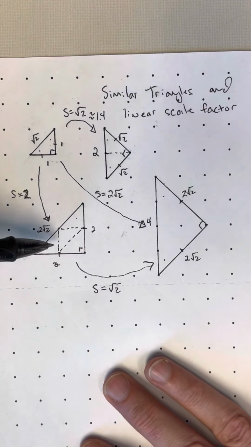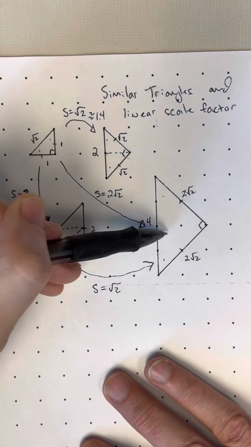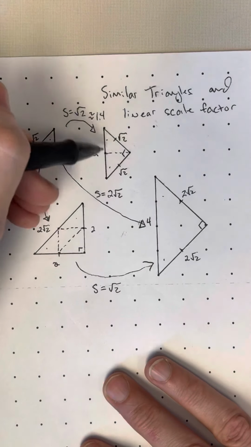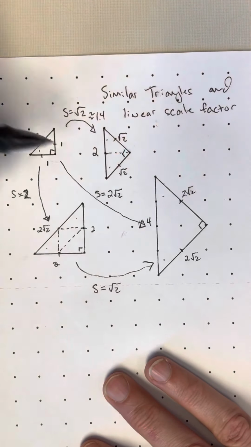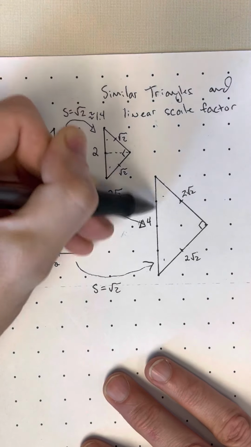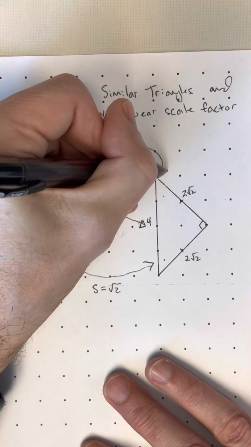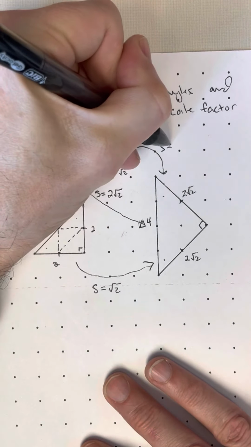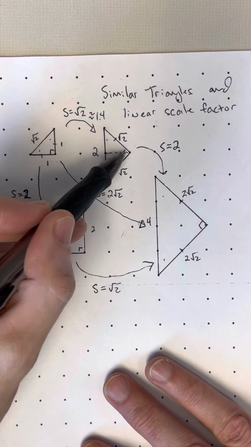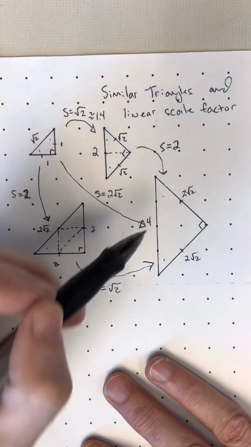If I multiply by 2 and then I multiply by square root of 2, that's the same as multiplying by 2 square roots of 2. And now watch this one here. If I go from this one to this one, well, that's doubling. Notice here, the side that's 2 becomes 4. The side that's square root of 2 becomes 2 square root of 2. So this has scale factor 2. And again, scale factor square root of 2, and then by 2, you get the same as 2 square roots of 2.